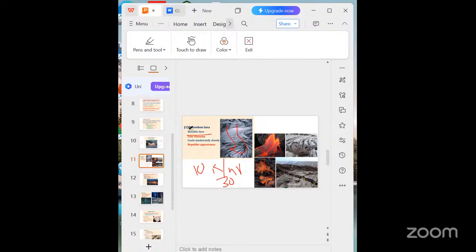That is called Pahoehoe lava, right? The top right picture is a close-up view after a cut has been made to show the internal structure of this wrinkled lava flow, right? You can notice this one here.